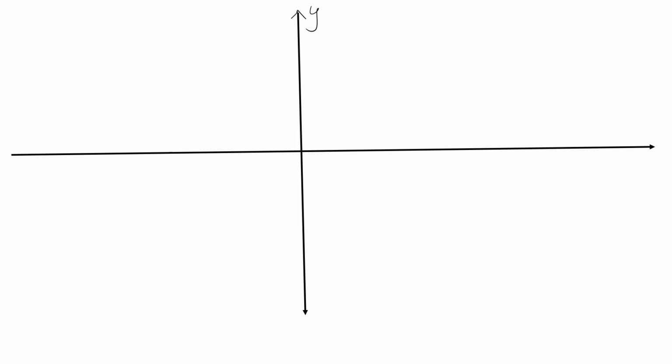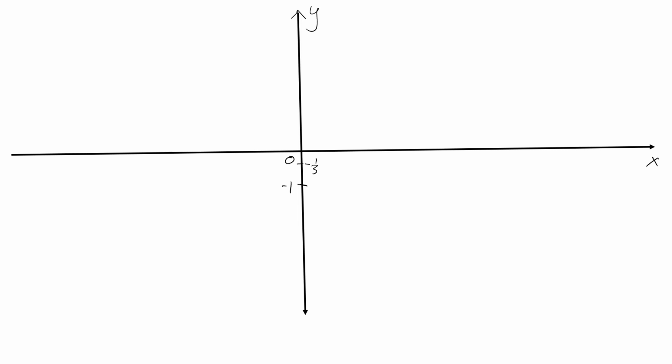This is y, x, and x is 0 as usual here, and y is minus 1/3. If this is 1 centimeter, so minus 1/3 will be around here. Okay, x equals 1/5.